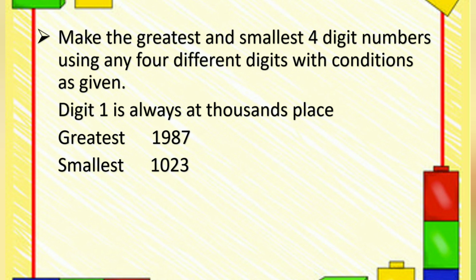The condition is digit 1 is always at thousands place. Children, you have to remember that 1 is going to be at thousands place. So the greatest number which is formed is 1987, and the smallest number which is going to be formed is 1023.